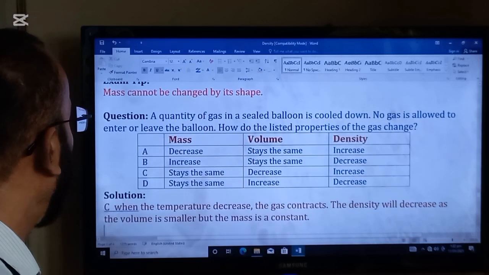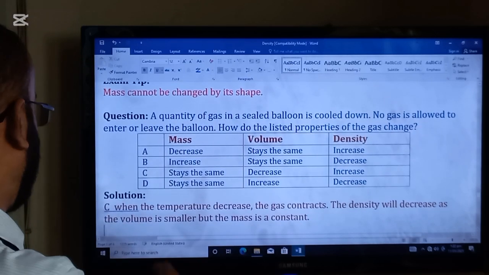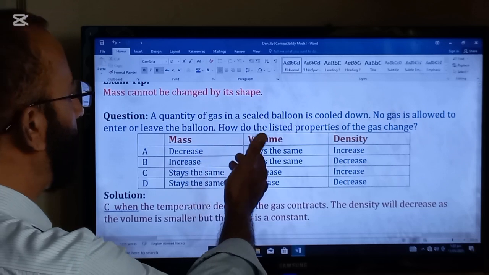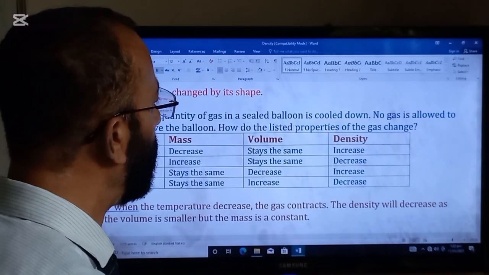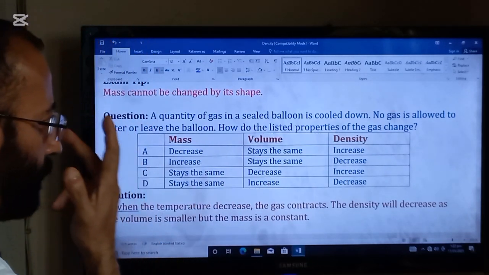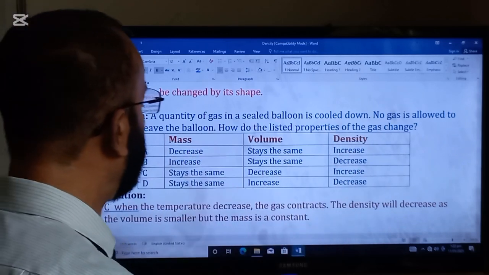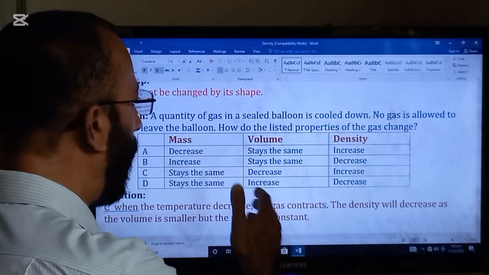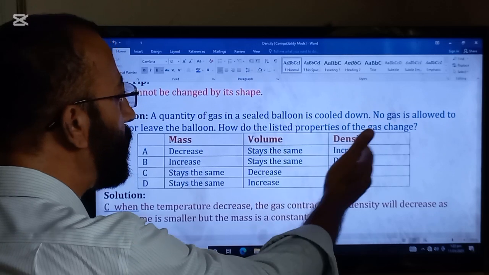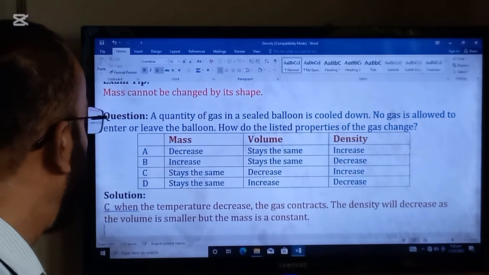And another question is here. A quantity of gas in a sealed balloon is cooled down. No gas is allowed to enter or leave the balloon. How do the listed properties of the gas change?